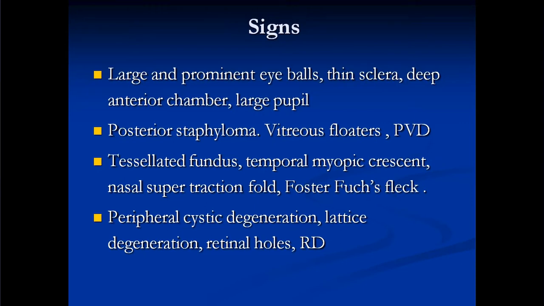So signs, once again, the eyeball size is bigger, the sclera is thin, the anterior chamber is deep, the pupil is a little larger. Then in the posterior segment, you have posterior staphyloma, tessellated fundus, and peripheral cystic degenerations and retinal detachment.